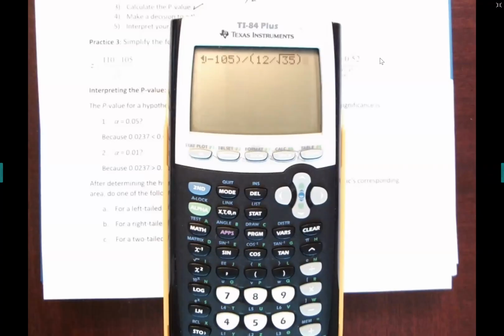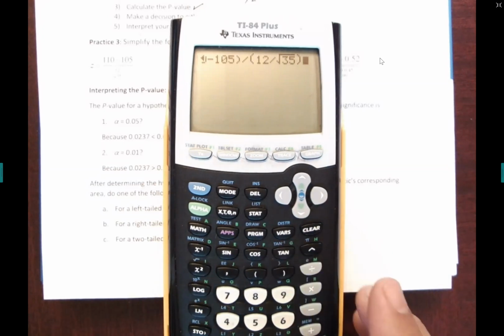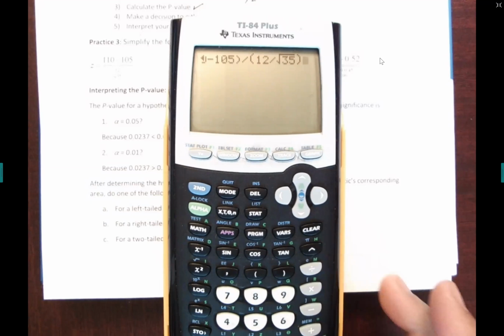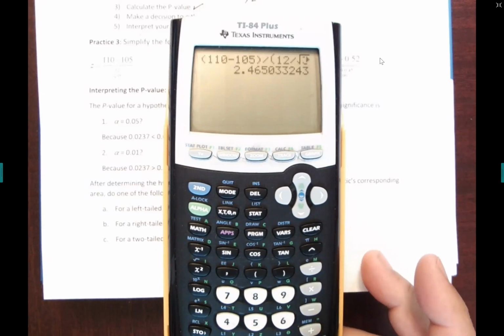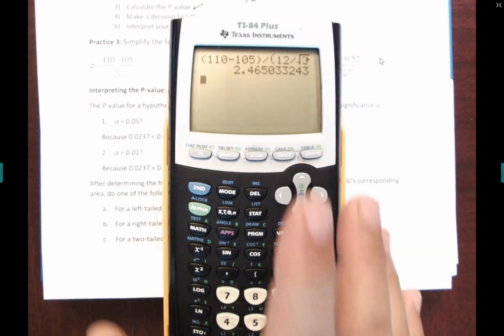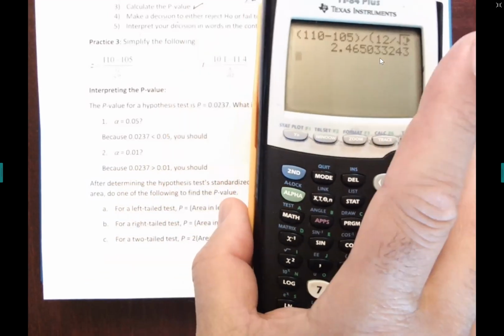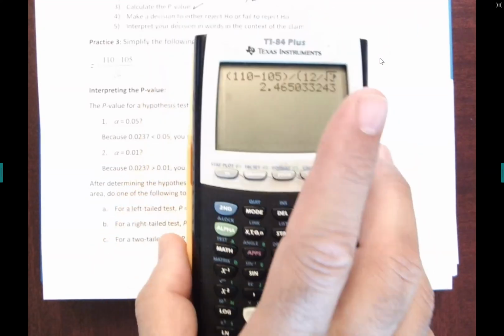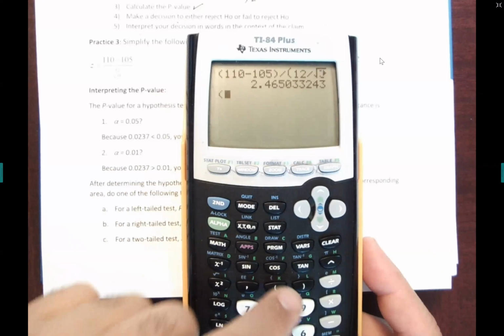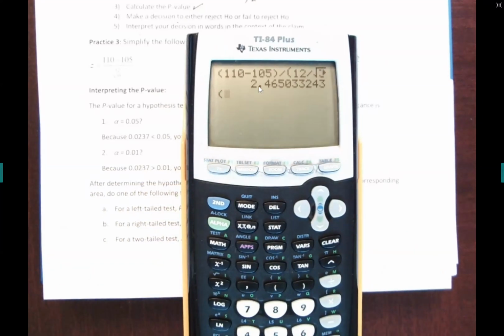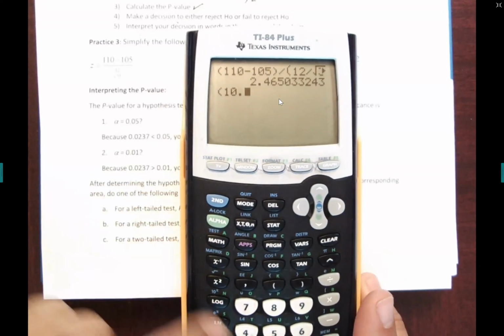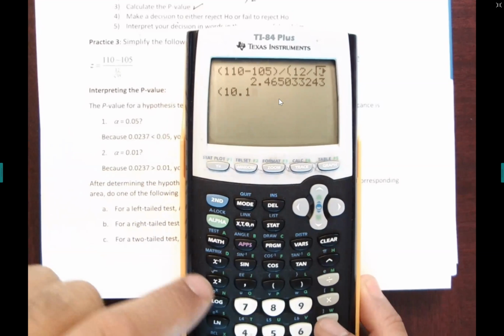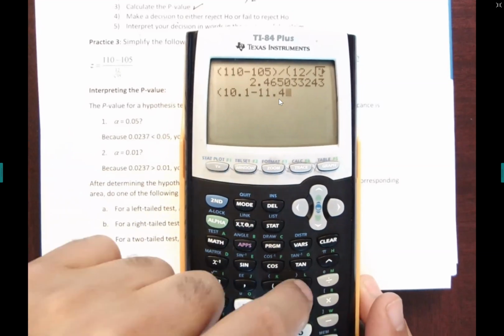Okay, the first one, I put 110 minus 105 between parentheses, and then I divided by 12 over square root of 35 between parentheses, and I got 2.47. That is correct. For the second one, same work, guys. You just do 10.1 minus 11.4. Let me just do it. Your answer is correct for this one. 10.1 minus 11.4, close, then divide.